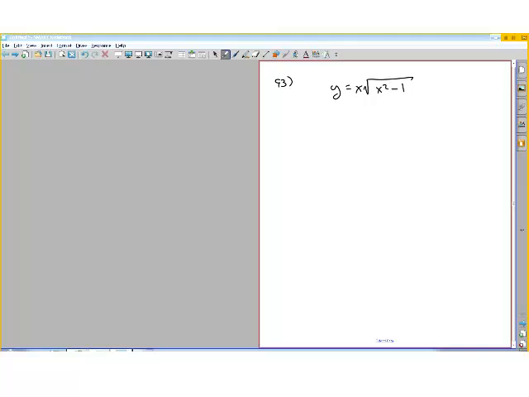So what we do is, when you use logarithmic differentiation, you take the natural log of both sides, like that. So I'll just put ln. Then you use implicit differentiation on the left-hand side.